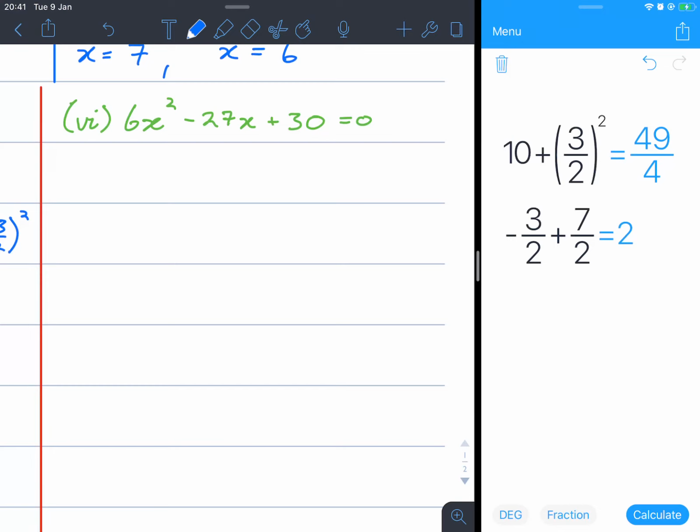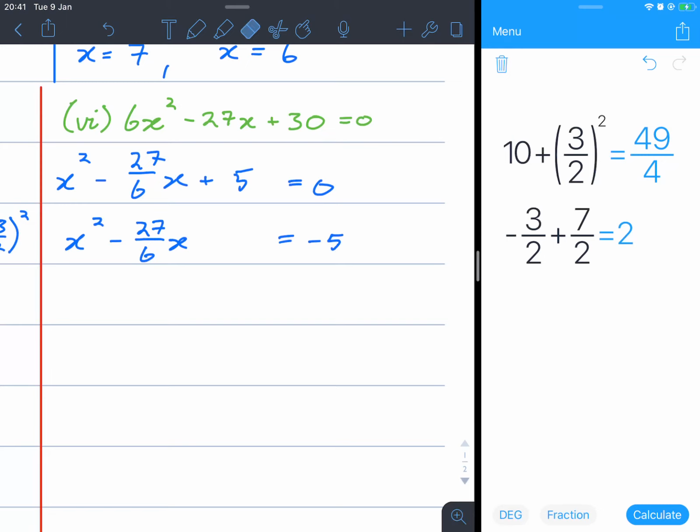Dividing everything by 6, we get x squared minus 27 on 6 x plus 5 equals 0. X squared minus 27 on 6x equals negative 5.